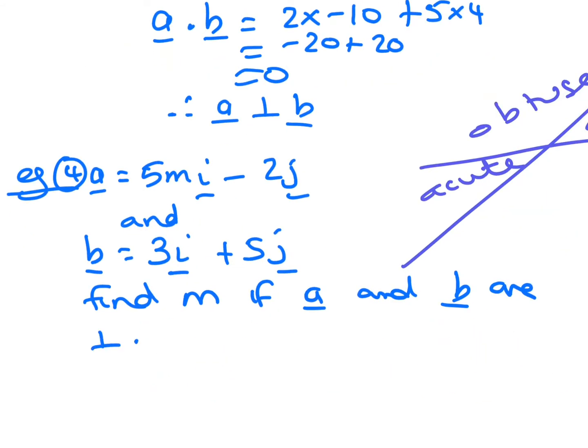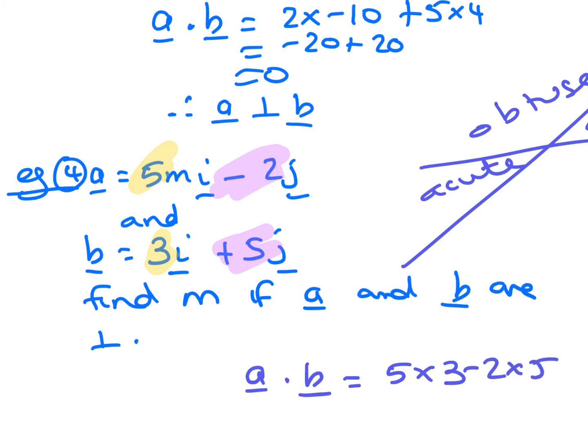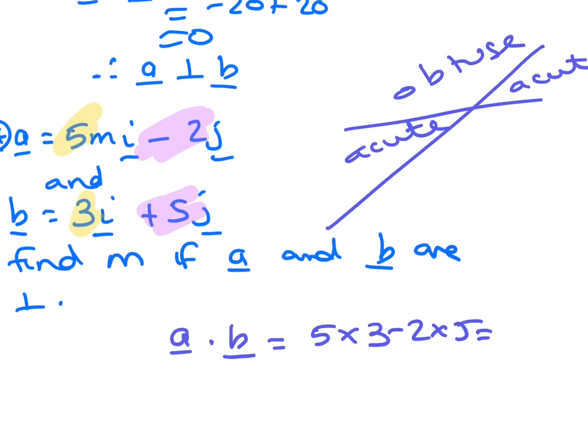Okay, so let's go for it. So A dot B would be 5m times 3, because you just multiply the x's, and then you've got to add on the y. So minus 2 times 5. So A dot B, this would have to equal 0.